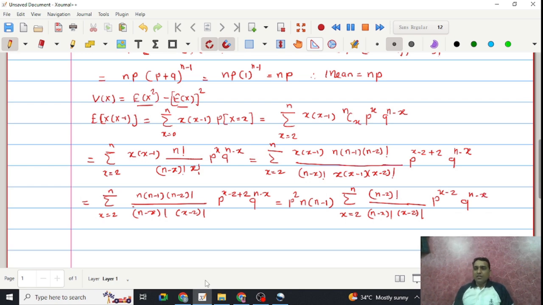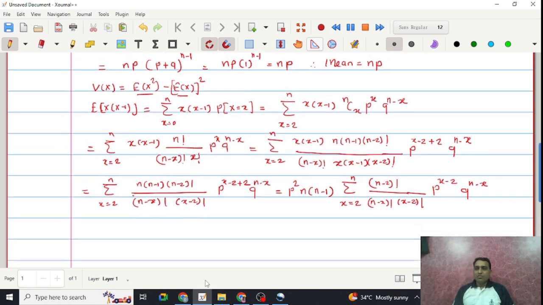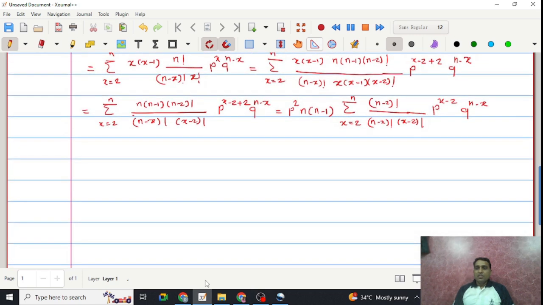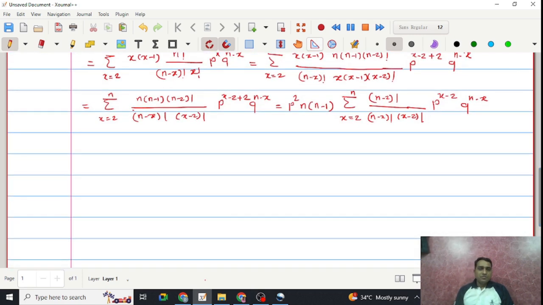This is the binomial expansion of p plus q, and the total power is n minus 2. So it is equal to n p square into (n minus 1), the expansion of p plus q raised to power n minus 2. But we know p plus q is 1. So finally we get the answer n p square into (n minus 1).